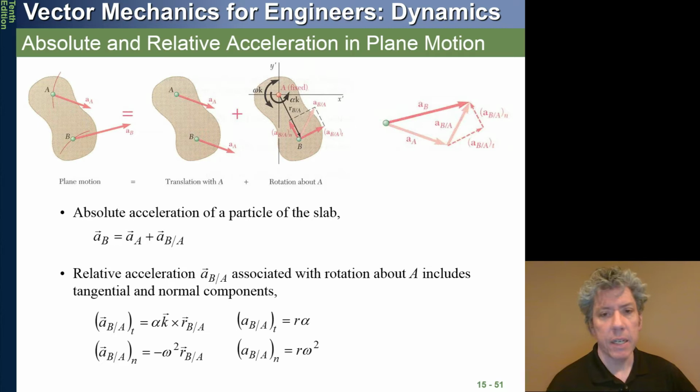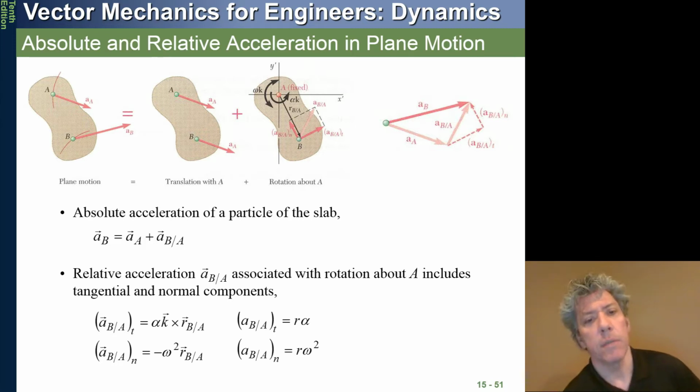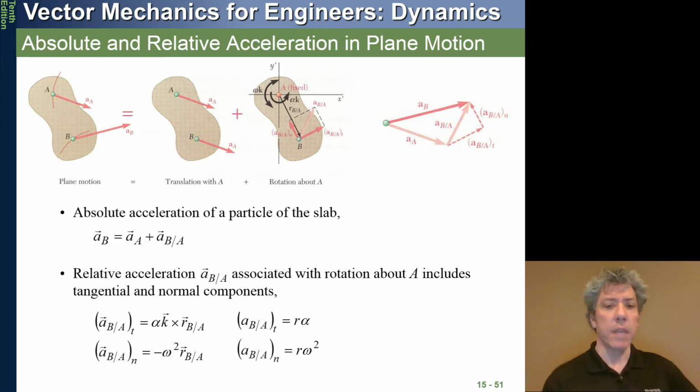As a matter of fact, the tangential vector itself is just the angular acceleration of the vector, you see that alpha k, crossed with the position vector from A to B. You can see the vector there on the figure, it's in black. It's the vector that points from A to B. In scalar form, that's just the distance r between A and B multiplied by alpha, the angular acceleration of the body. So looking at that equation, next to last row on the slide, they've just written the equation again in scalar form.